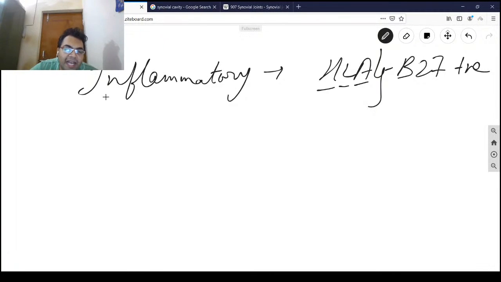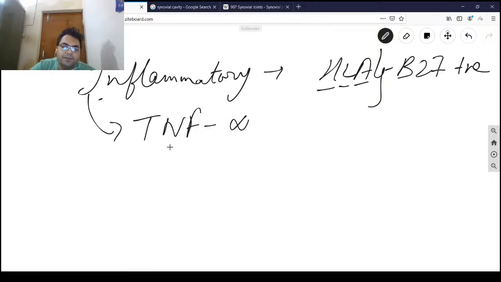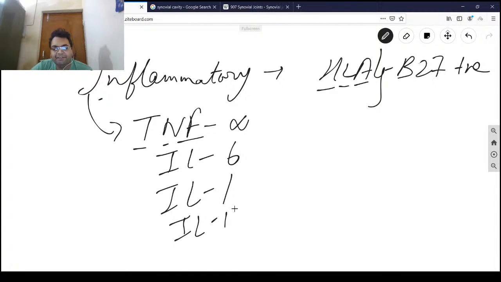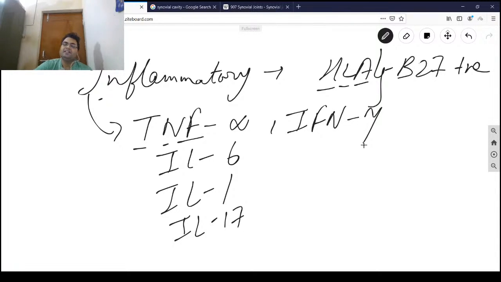Inflammation means you will have more production of extremely inflammatory molecules like tumor necrosis factor alpha, interleukin 6, interleukin 1, interleukin 17, and interferon gamma. So there are many types of proteins which are upregulated. These proteins completely break down the synovial membrane, and then they can attack the cartilage also.